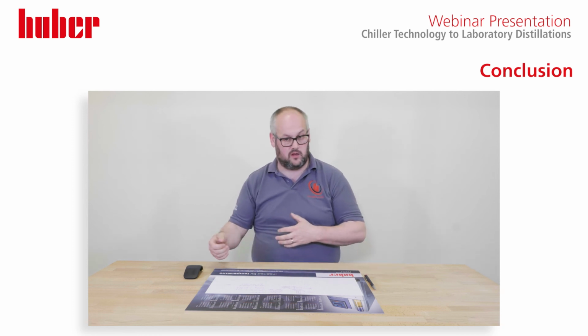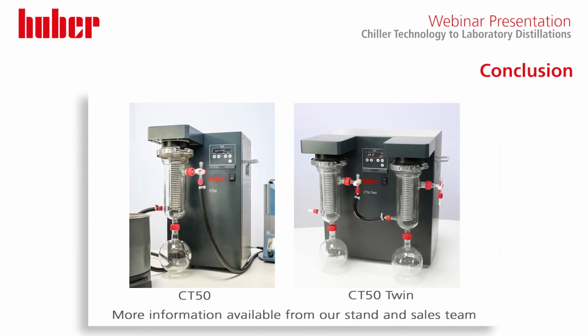It was revolutionary in its time and won many prizes. We have evolved this through the mini chiller range of products which can be used on any rotary evaporator, be it Heidolph, Büchi, whatever manufacturer. It's a plug and play solution for improving your process, all the way through to the CT50, which we will be launching shortly.